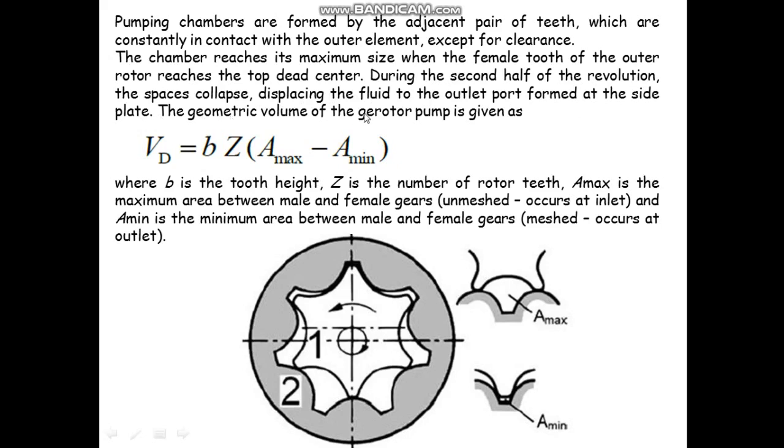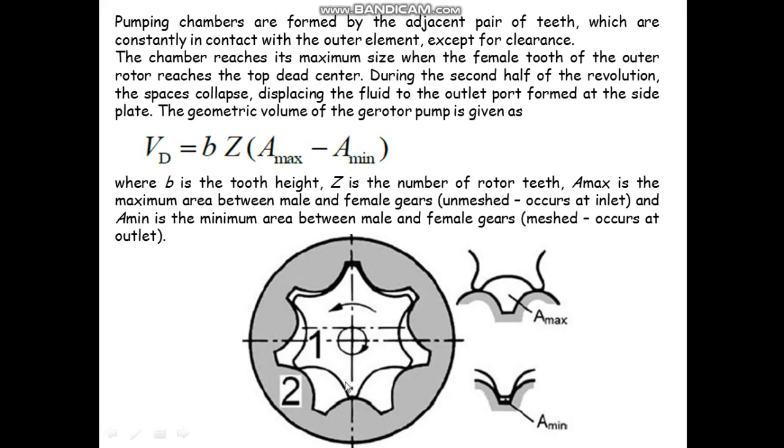So the geometrical volume of the rotor pump can be calculated by considering the tooth height, the number of outer teeth, the maximum area between the male and female gears, where unmeshing occurs at the inlet, and the minimum area between the male and female gear, where it meshes, which occurs at the outlet.